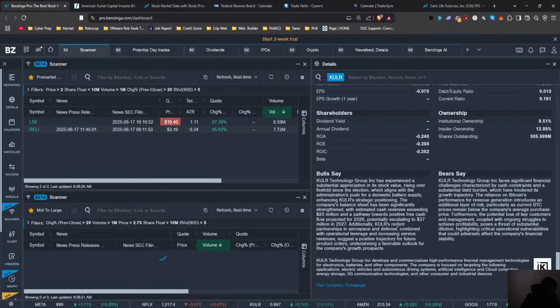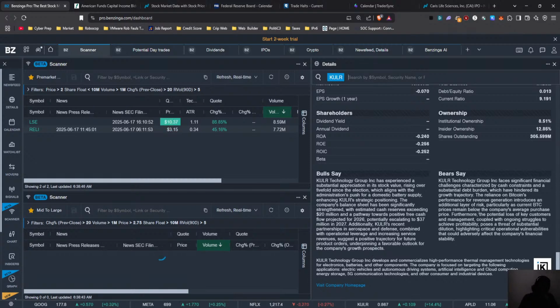Additionally, KULR's recent partnerships in aerospace and defense, combined with operational leverage and increasing service revenues, suggests a positive trajectory for future product orders, underpinning a favorable outlook for the company's growth prospects.